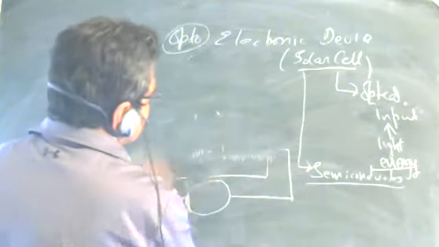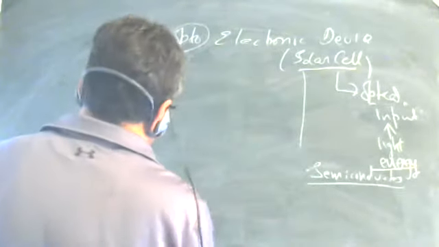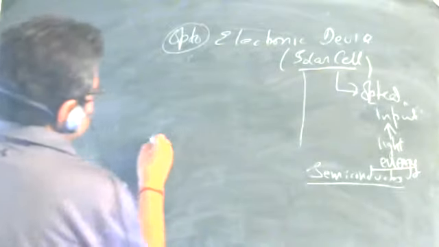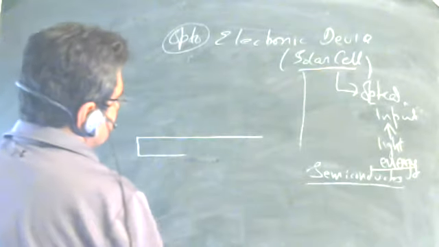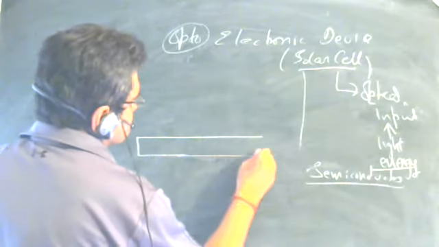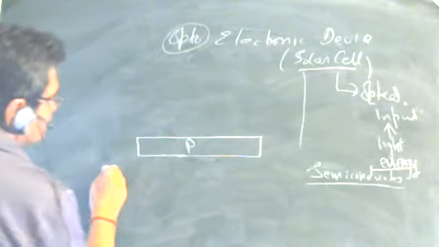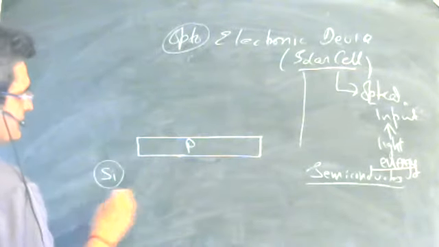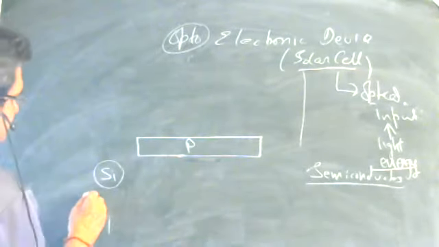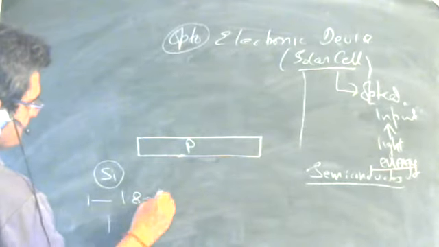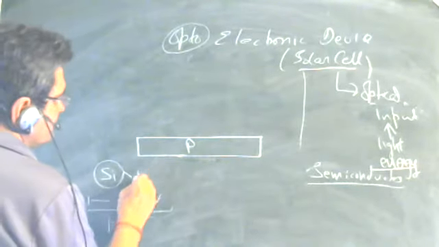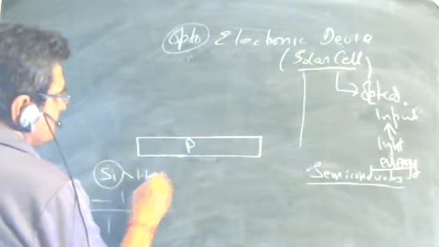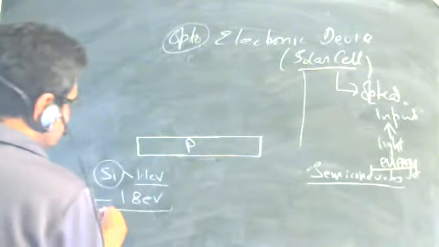What we do is we take a P-type semiconductor, which is silicon. Silicon because we need the semiconductors having energy gap in the range of 1 to 1.8 electron volt, and silicon has energy gap of 1.1 electron volt. And why do we need this range?